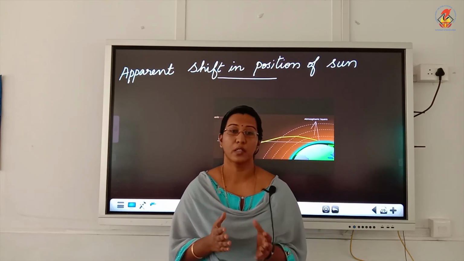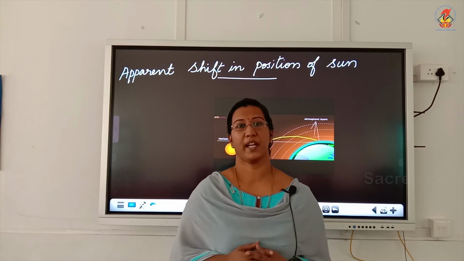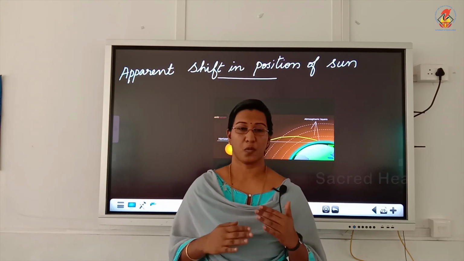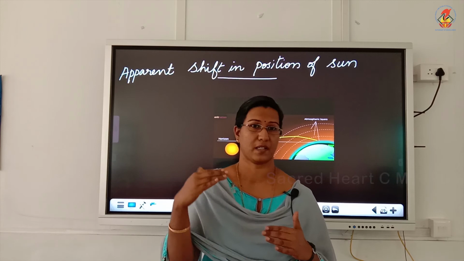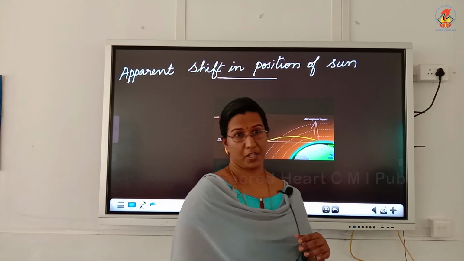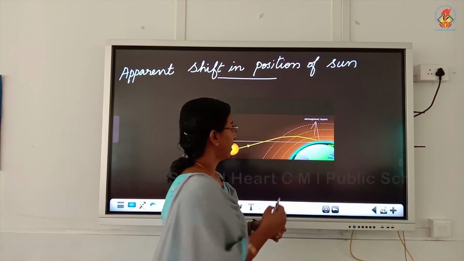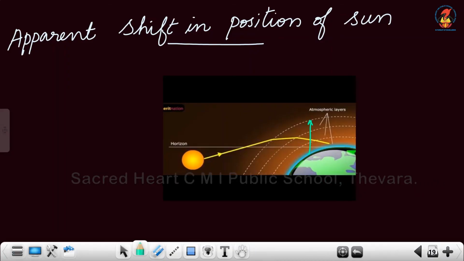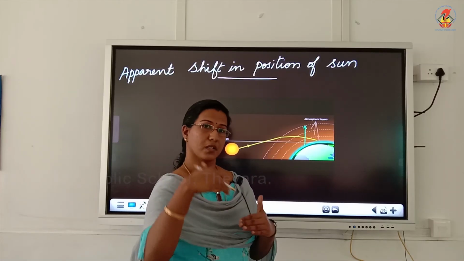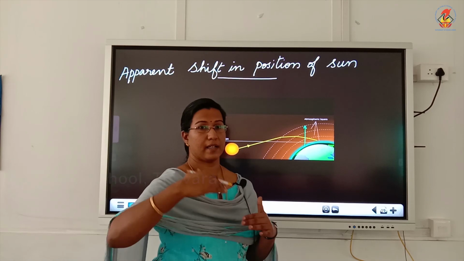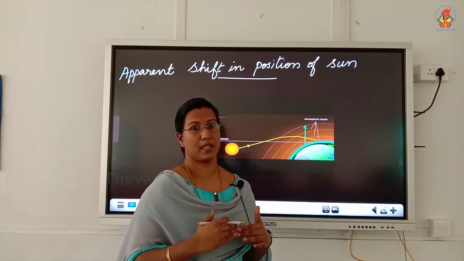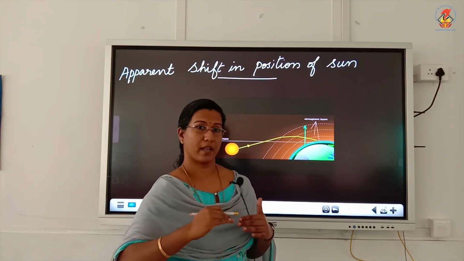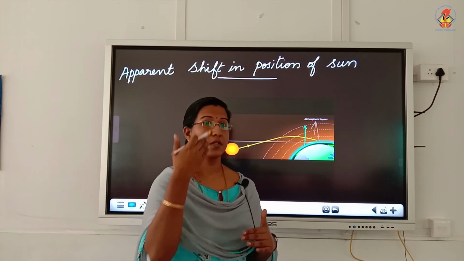Now we all know Earth's atmosphere is made up of different layers: troposphere, stratosphere, etc. As we go up with altitude, the density of the atmosphere decreases, which means light will be traveling from a denser medium to a rarer medium.